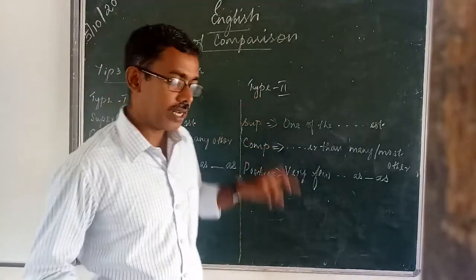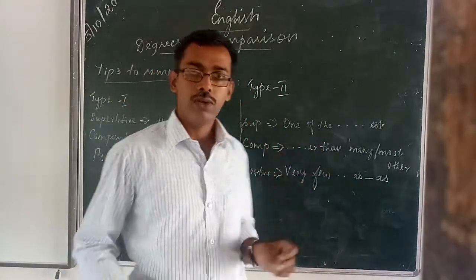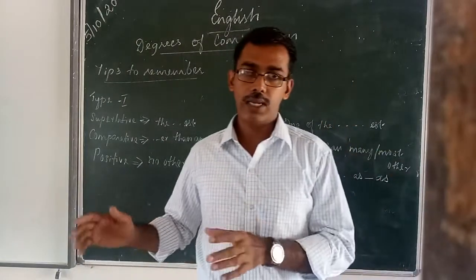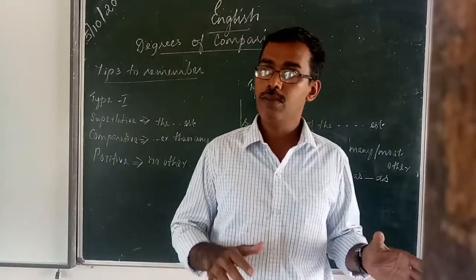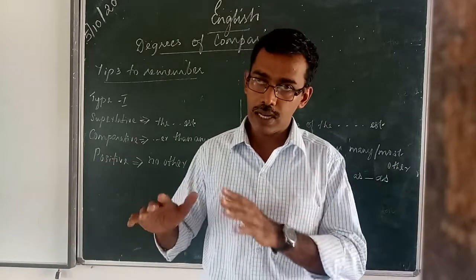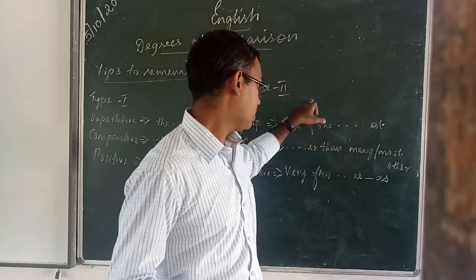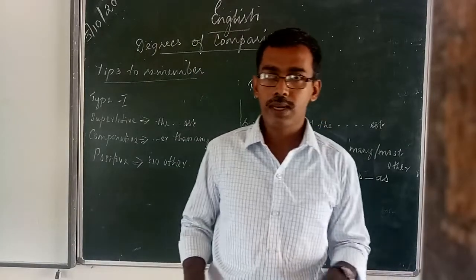At the same time, when you take type 2, when you are selecting any one among them from the group, you have to use type 2. That is the difference.